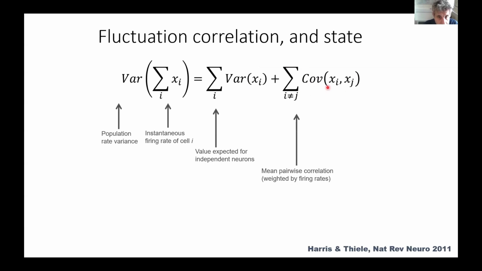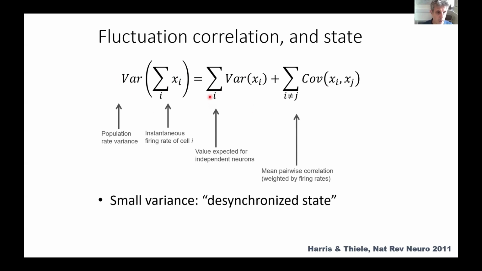If the signed mean of correlations is positive, then this variance is going to be bigger than this sum. So that tells you that the variance of the population rate is largely determined by the covariance.